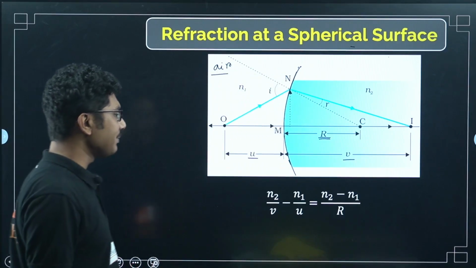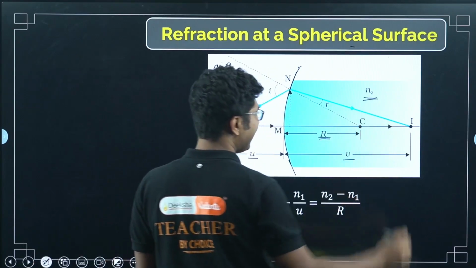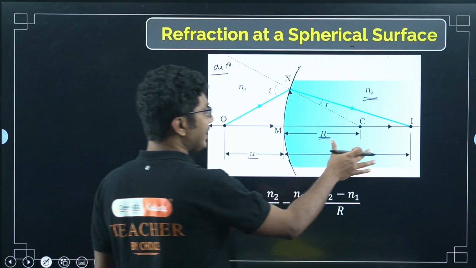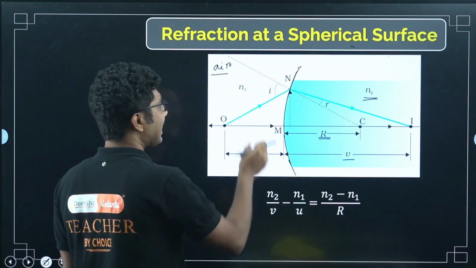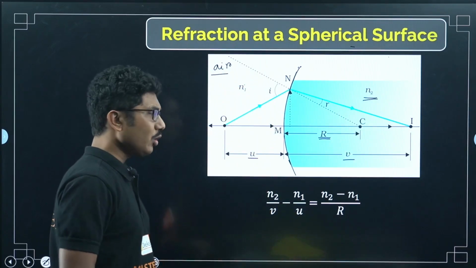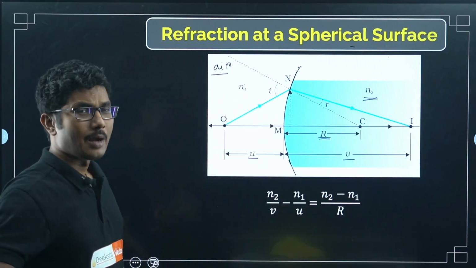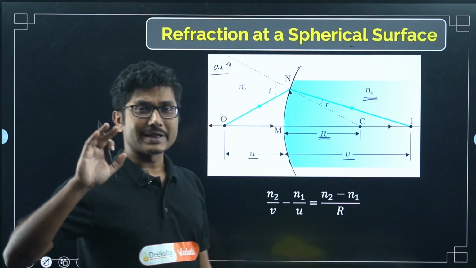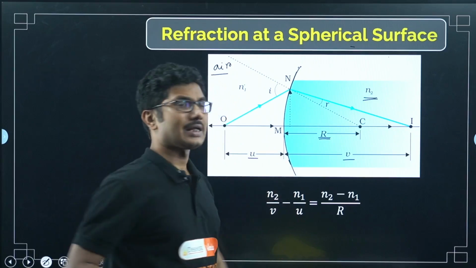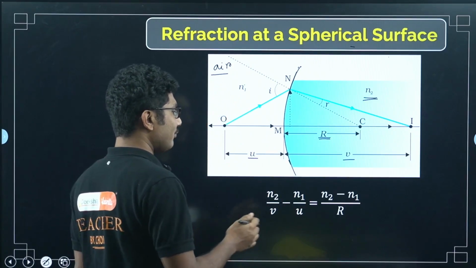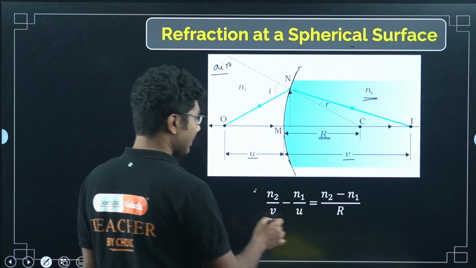Now the relationship is given by n2 by v, where n2 is the refractive index of the second medium, obviously. n2 by v minus n1 by u equals n2 minus n1 by R. There is a derivation for that, but I am not going into it. The derivation is important for your PU board, so if you are preparing for PU, you must practice it as well. But for now we are only focused on this equation. This equation is very, very important.